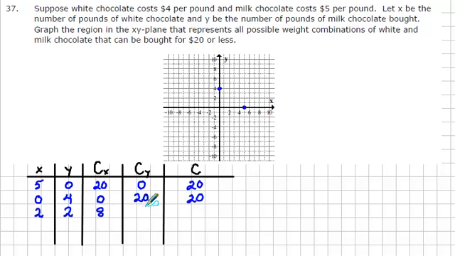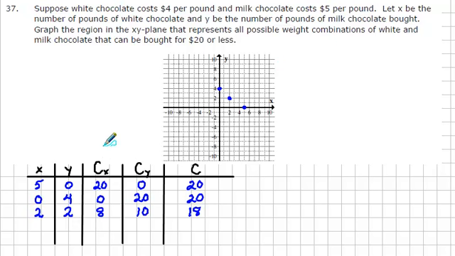The cost of the milk chocolate would be 2 times 5, which is 10. And then the total cost would be 8 plus 10, which is 18. And 18 is $20 or less, so that is one possible combination. So we could fill in or plot the point (2, 2) in the xy plane.